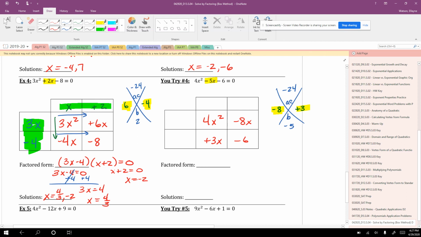Okay, take the GCF of each row. This is going to be 4x. This one is going to be positive 3. Take the GCF of each column. This is just x. This, again, the first term is negative, so we're going to make the GCF negative. And then the GCF between 8 and 6 is just 2.